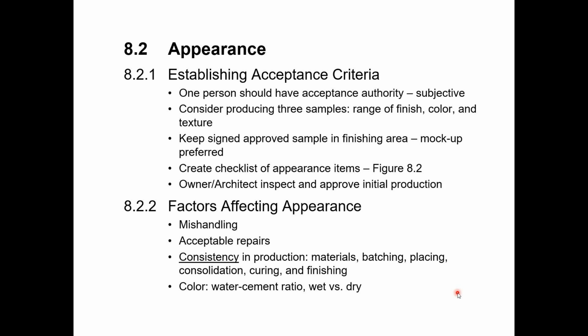Make sure you have people in the yard and people on the stripping crews who are trained properly on how to handle the panels. You can do the best job possible in casting and setting up forms and then the finishing operations, but if you've got someone who's not being careful as they're transporting those components around the yard or even out of the form and they damage that finish, then all that effort is for naught.